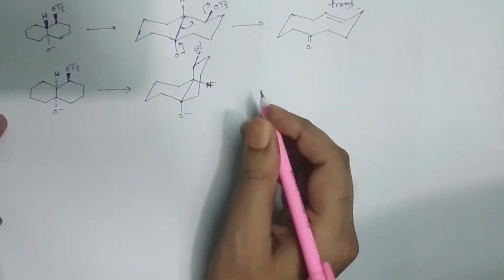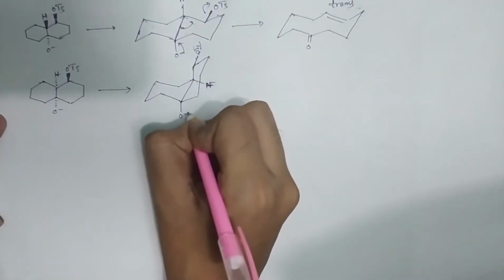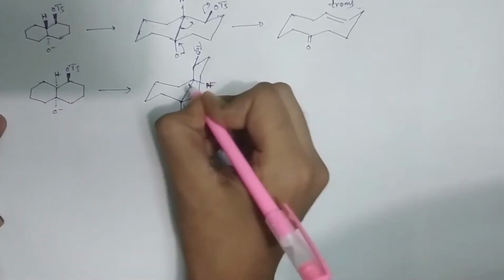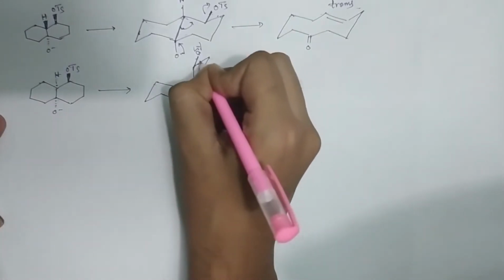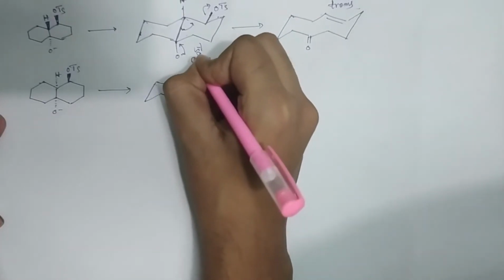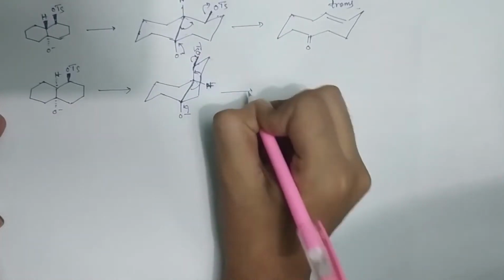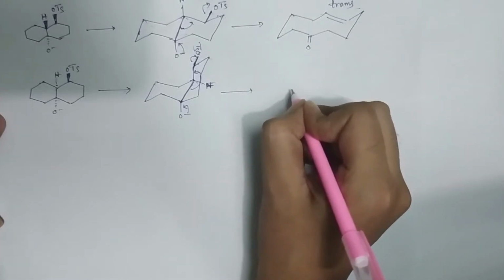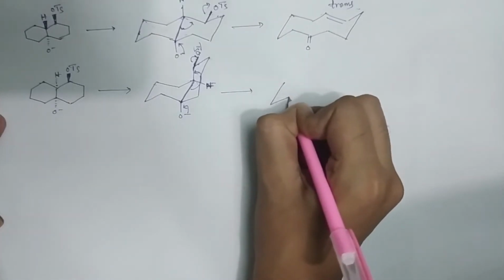So now we can visualize the stereochemistry. So if this O minus gets back, this bond and this bond are in parallel, this goes here, this goes here. So the product we will get will be like this.